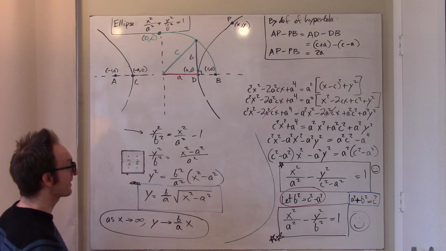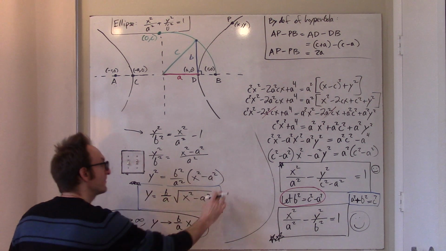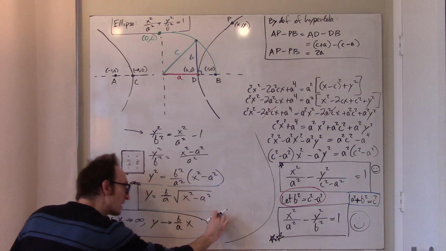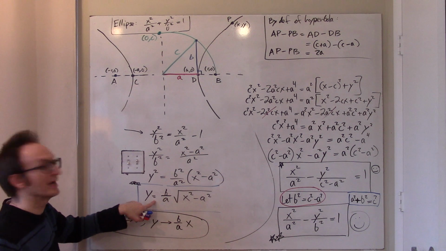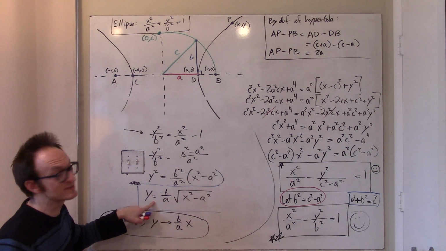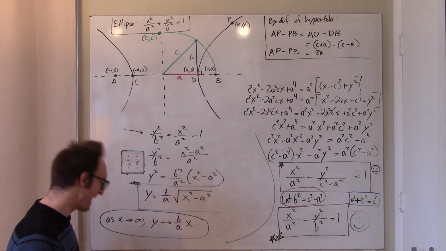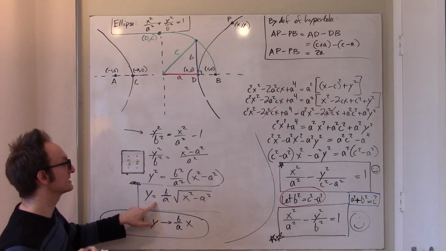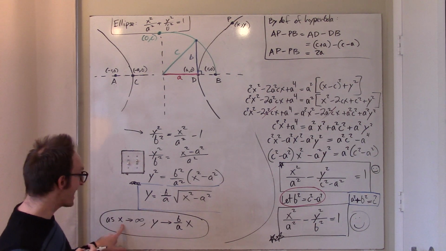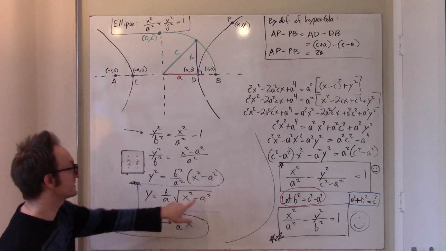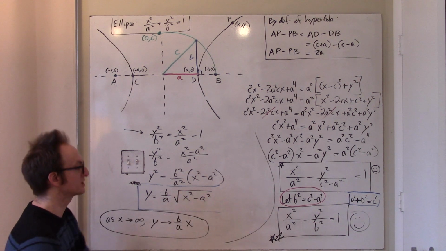So why did I bother doing that? I bothered doing that because this reveals the true meaning of b in a sense that's more useful to me. What I get out of this representation is that I now notice that for very, very large x, root x squared minus a squared is pretty much just x.